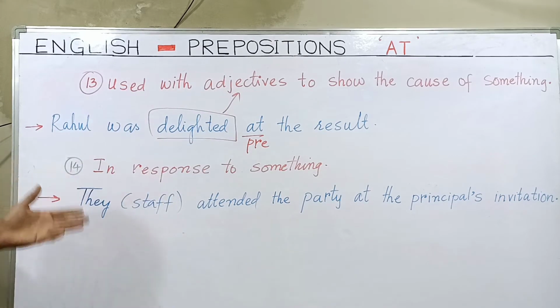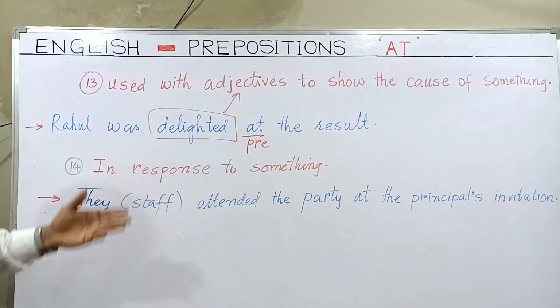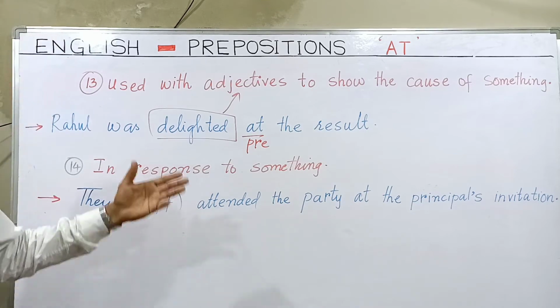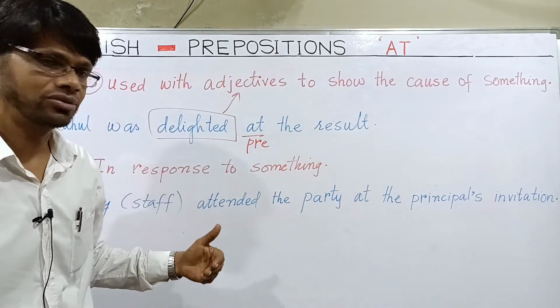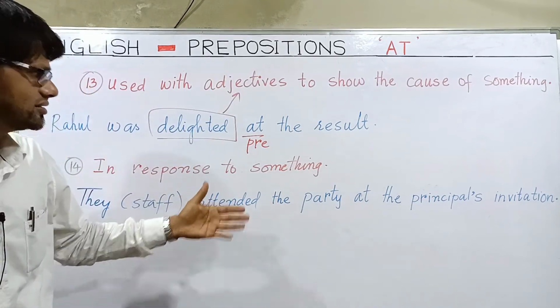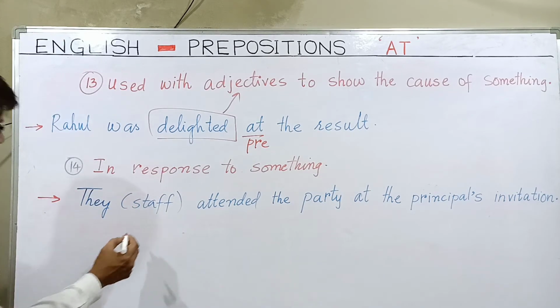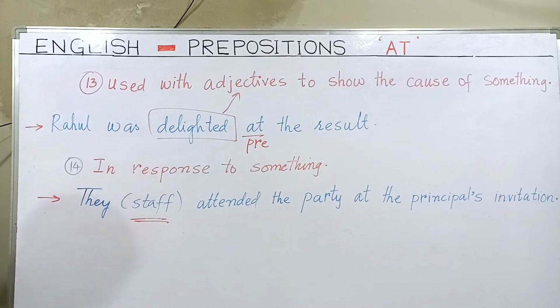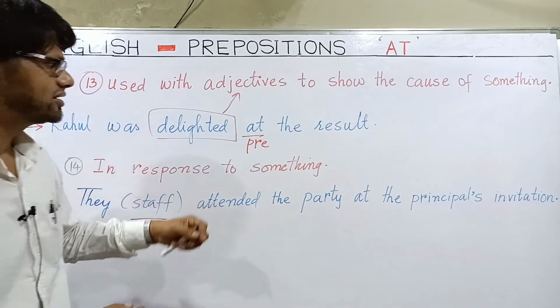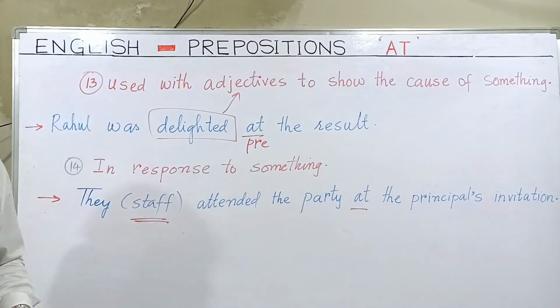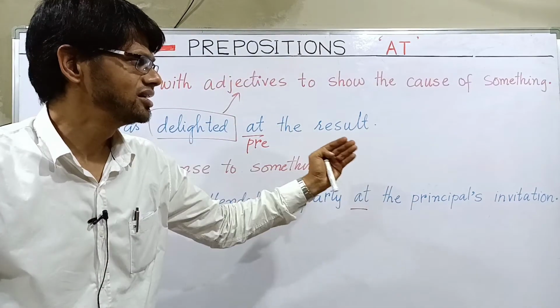Next one, in response to something. What is the meaning of in response to something? We use preposition at here also. Example: they attended the party at the principal's invitation. They, who are they? They are the staff of the school.